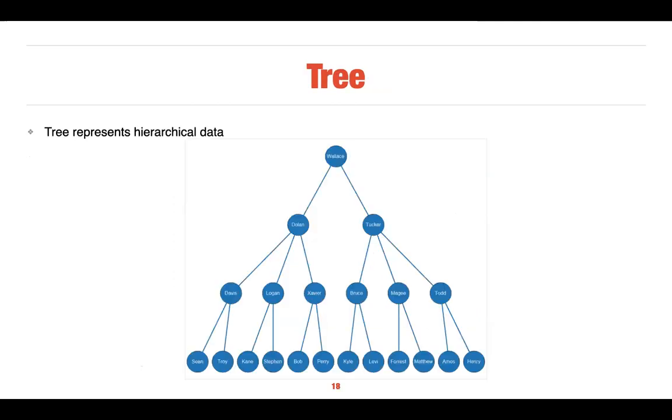So that is a small introduction about trees. We have talked about linear data structures. Now this is for non-linear data structures. A non-linear data structure is one in which the data is not arranged linearly or sequentially. They are arranged more randomly.